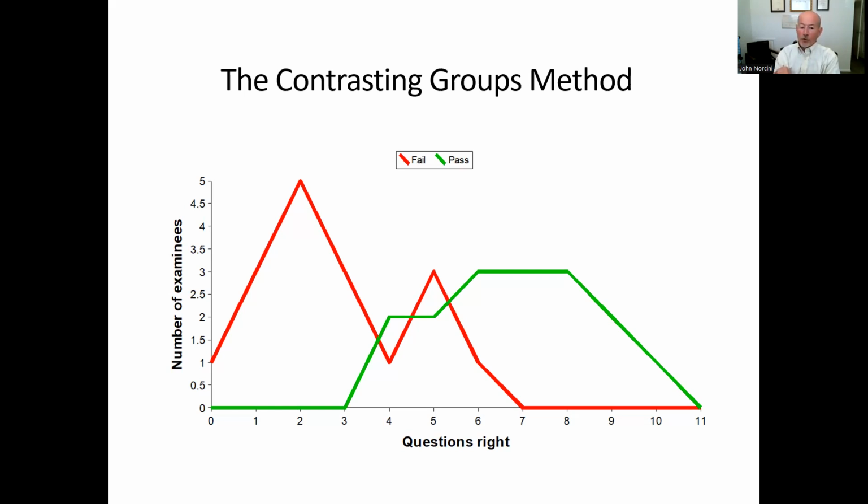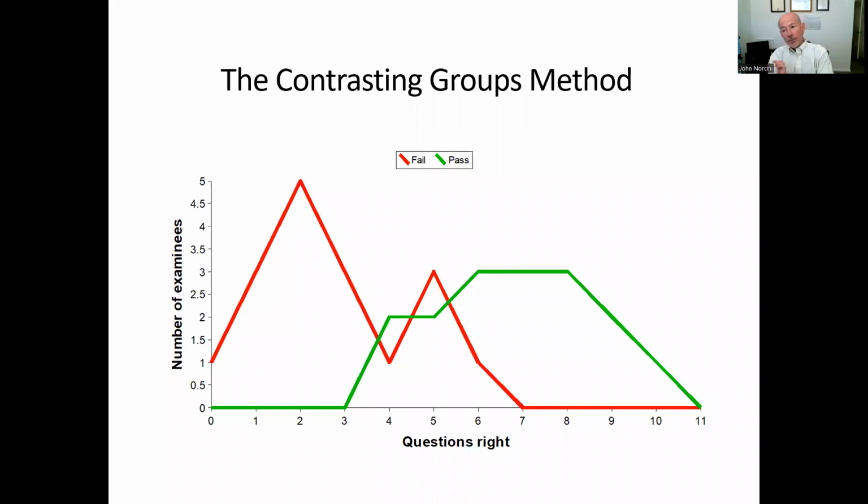But in terms of 4, there were 2 students who they thought passed. There were 2 students with 5s who they thought passed. There were 3 students with 6, 3 students with 7, 3 with 8, and there was 1 student with 9 who passed as well. So now you have these 2 graphs. You have the graph of the students who failed, and you have the graph of the students who passed.